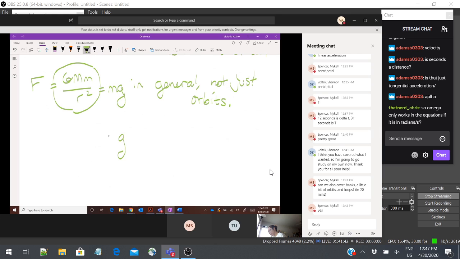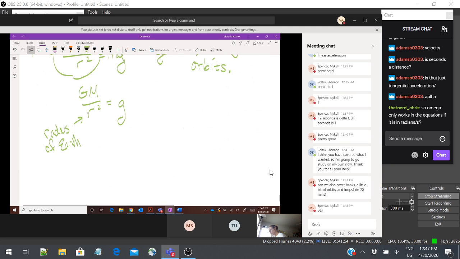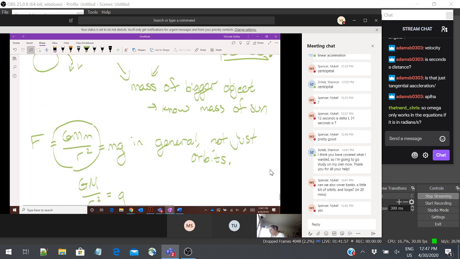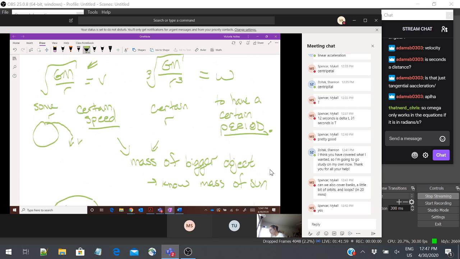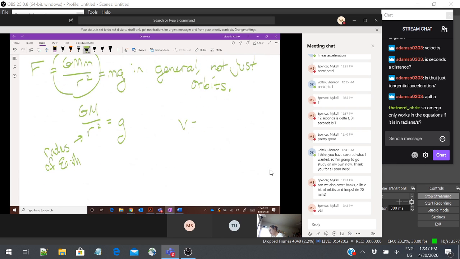So your g value is GM over R squared, where R is usually the radius of the Earth. So that means you can substitute here, which is something that you see on a lot of the equation sheets. I think it's on your formula sheet. The thing to remember is that this is at the Earth's surface, because that's the only place g is 9.8.